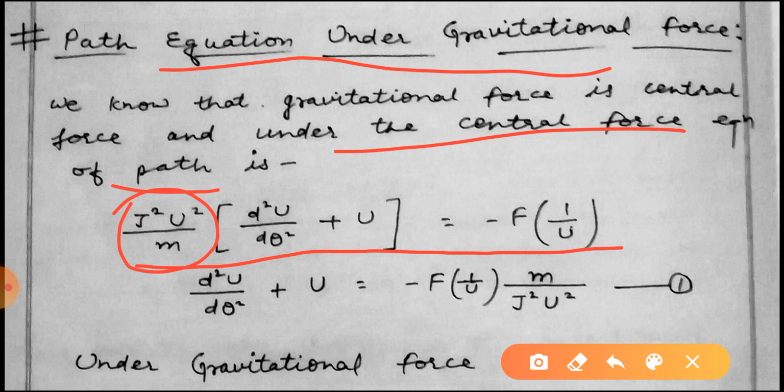Here we multiply this quantity, then d2u upon d theta square plus u is equal to minus f of 1 upon u times m upon J square u square. That is equation 1.